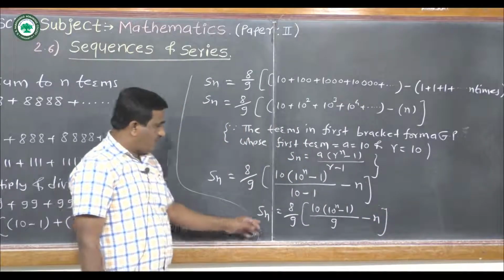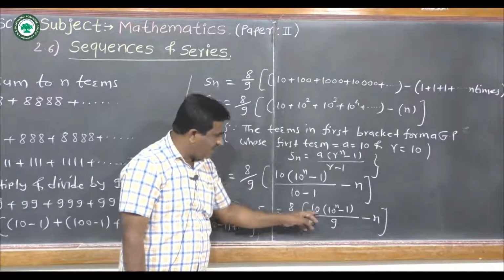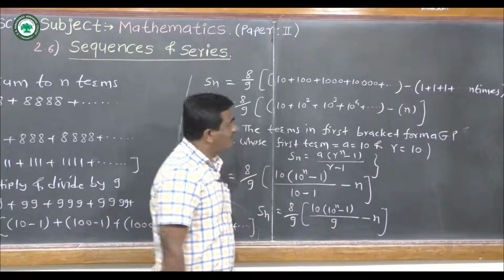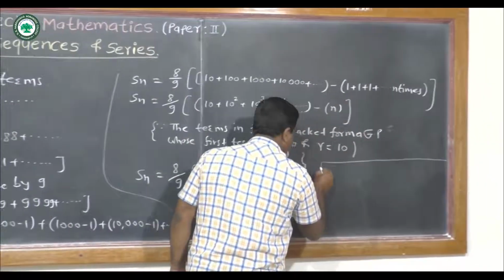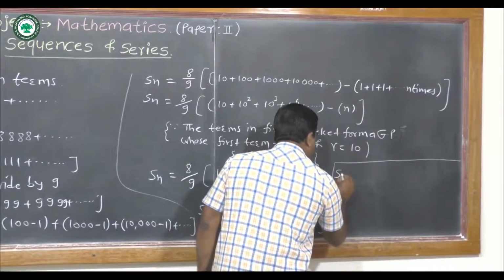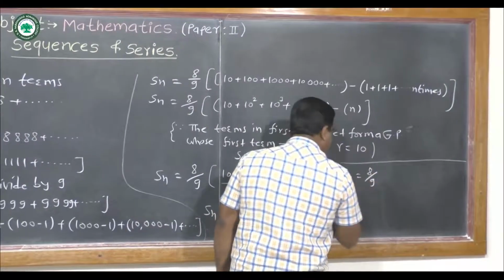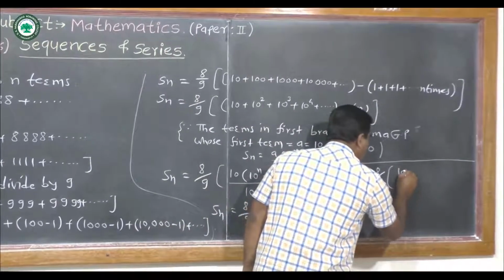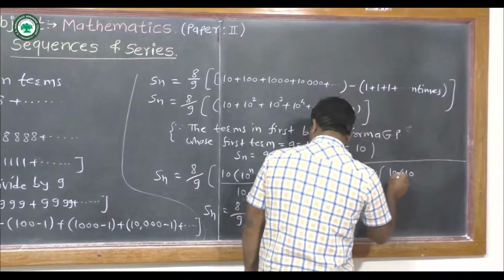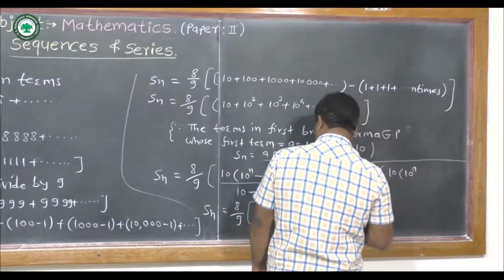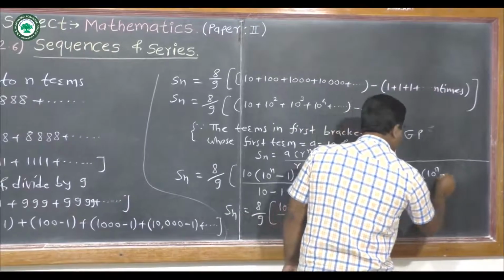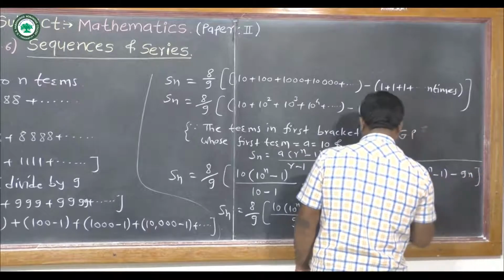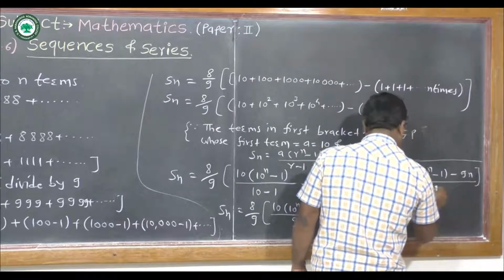We can take this addition here. We write Sn is equal to 8 upon 9 into, in bracket, 10 into 10 raised to n minus 1 minus 9n upon 9.